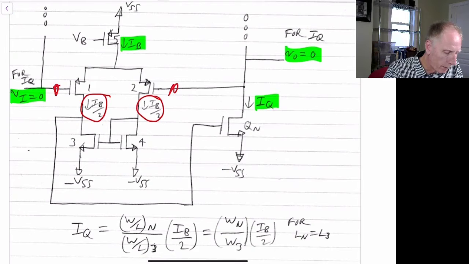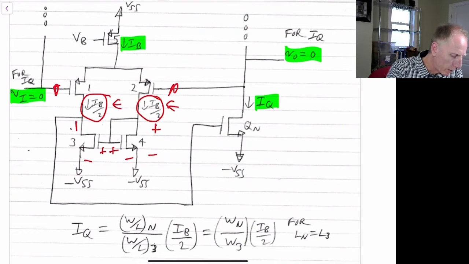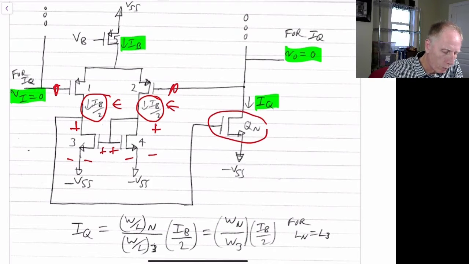Q3 and Q4 are going to be matched. So because this has the same gate to source voltage for Q4 as for Q3, and we have the same currents flowing down through them, the drain to source voltage of Q4 will equal the drain to source voltage of Q3. So this QN will look like a current mirror based upon the diode, or the ratio of Q3 to QN.